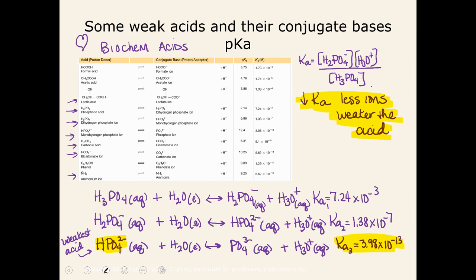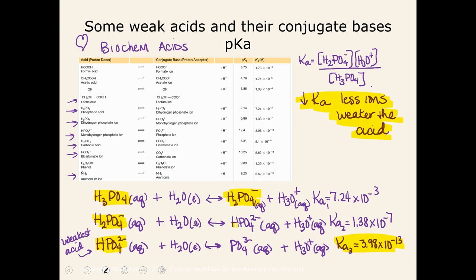Okay, the other thing, a couple other points, is each of these is a separate acid system. So H3PO4, its conjugate base is H2PO4 minus. Its conjugate is not phosphate, only one H plus at a time.